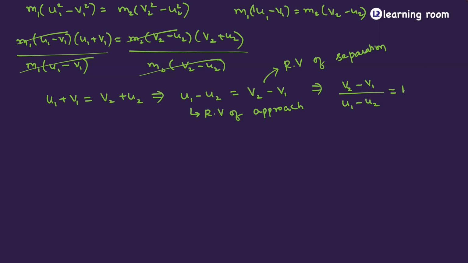This ratio, by definition the relative velocity of separation divided by the relative velocity of approach, is given a name: the coefficient of restitution, represented by the symbol E.